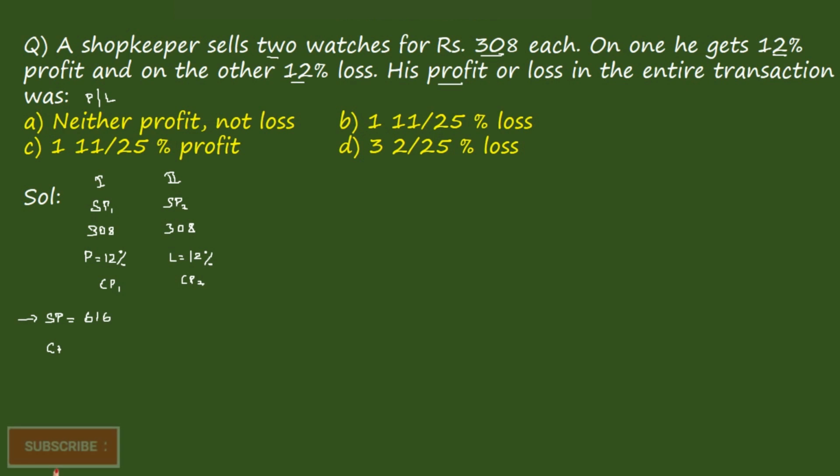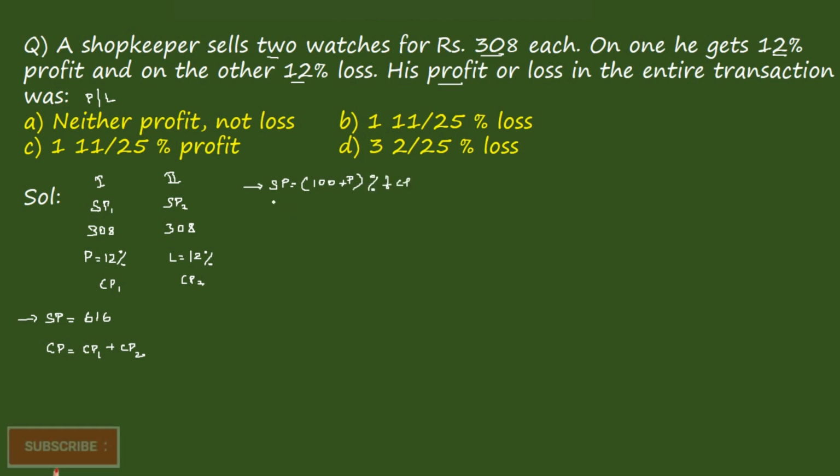And cost price is equal to cost price 1 plus cost price 2. We have to find each of the cost prices. As we know the percentage of profit and the selling price, we can find the cost price. In the case of profit, selling price is equal to 100 plus profit percentage of cost price.